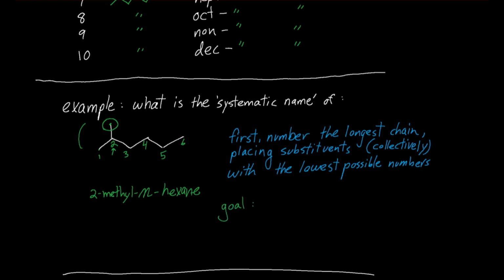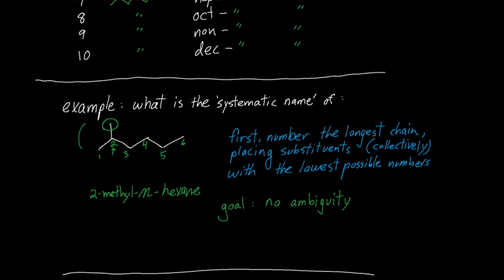Our goal with naming is to be able to have no ambiguity. And if you think about it, that's a major goal of all science, right? For a scientist to say, well, you know, it could be this or that, doesn't inspire a lot of confidence.